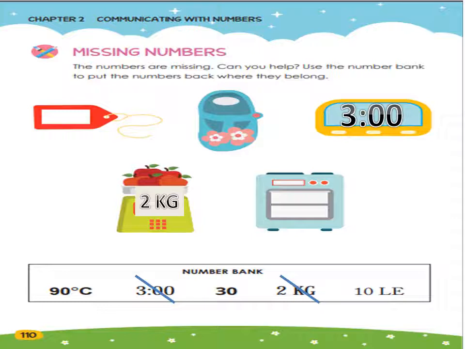What else do you know from the number bank? Excellent, 10 pounds. And I have the first picture is a price tag without a price, so we will put the price. I will write 10 pounds on the tag here and cross it from the bank.